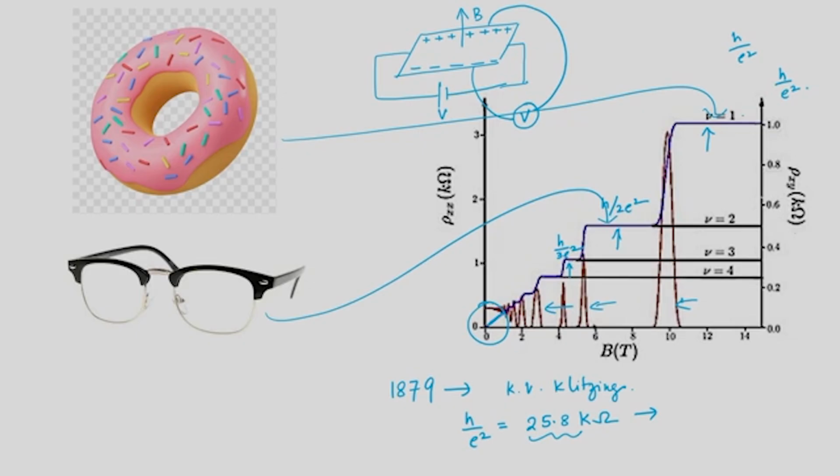So if you find an object with 3 holes, that will correspond to the third plateau and so on, which means that these are the topological invariants which are called a Chern number. We'll show in a while that the conductivity or the resistivity can be written in terms of the Chern number, it's E square over H and so on. Okay, we are talking here about resistivity, but we can talk about conductivity, because conductivity is what is calculated theoretically using the Kubo formula.